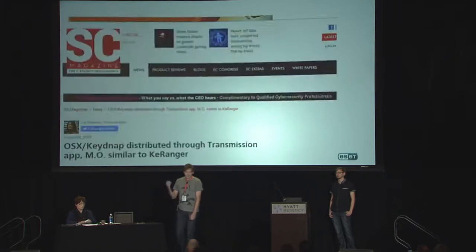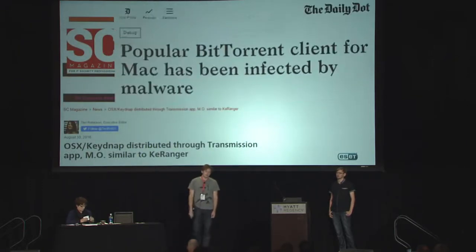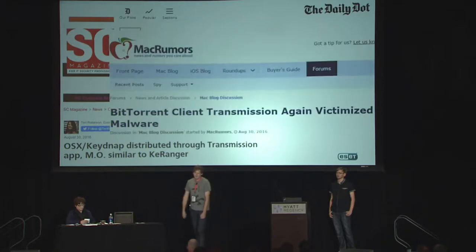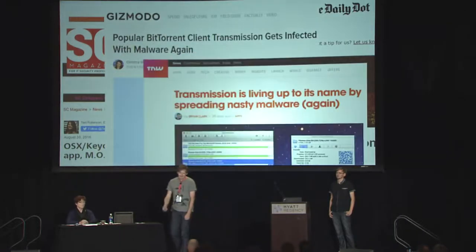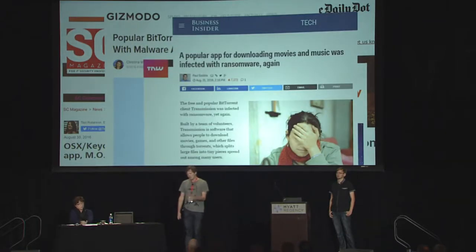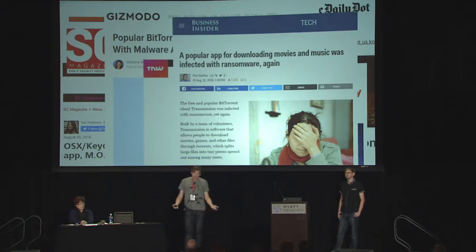How was it? All major IT security magazines reported about this, that the BitTorrent client was infected, victimized again and again and again. Actually, this last picture from the report of Business Insider displays how users felt about this incident.